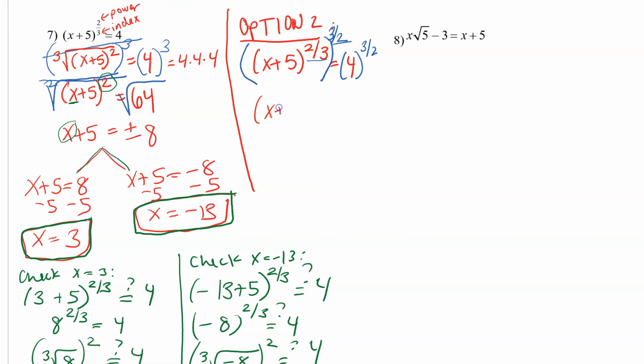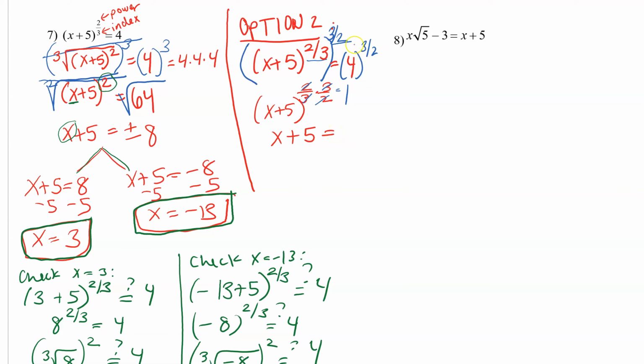So you get (x + 5) to the power of 2/3 times 3/2. But 2/3 times 3/2 equals 1, because everything cancels. So then that means there is no more power on the left side. You're just left with x + 5.